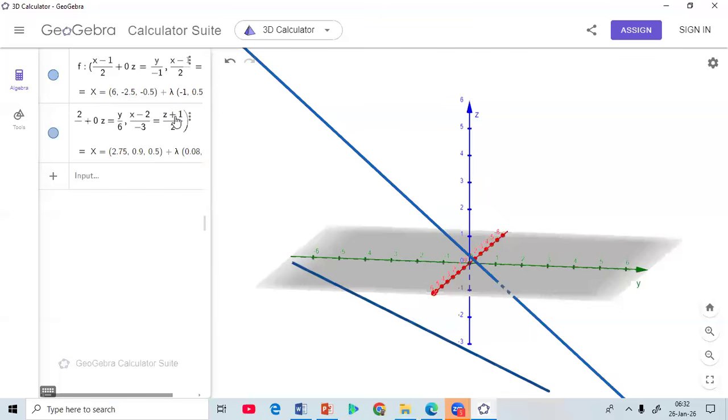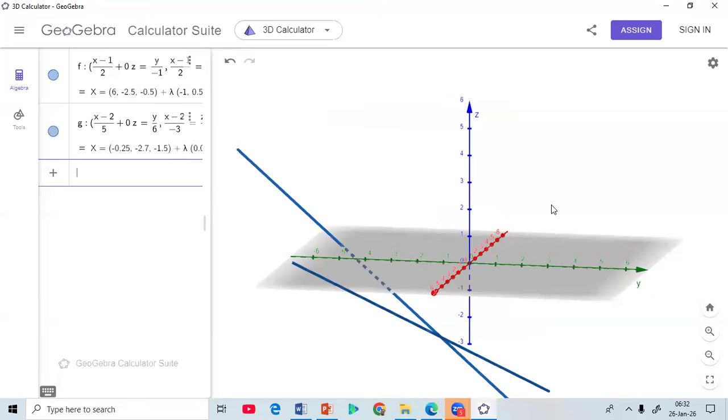We are testing the nature of those lines.